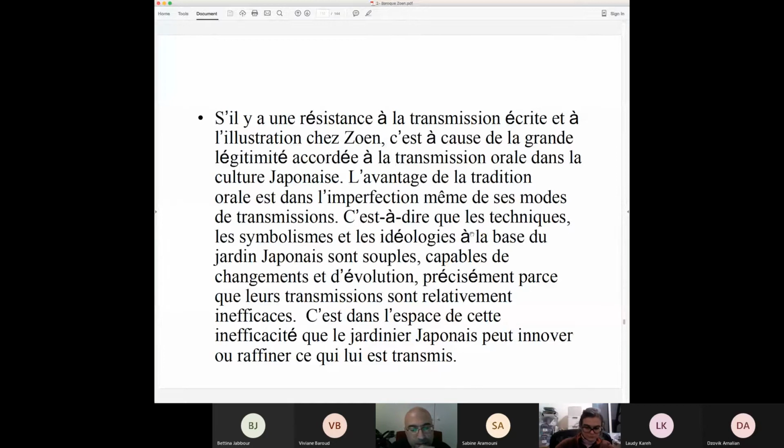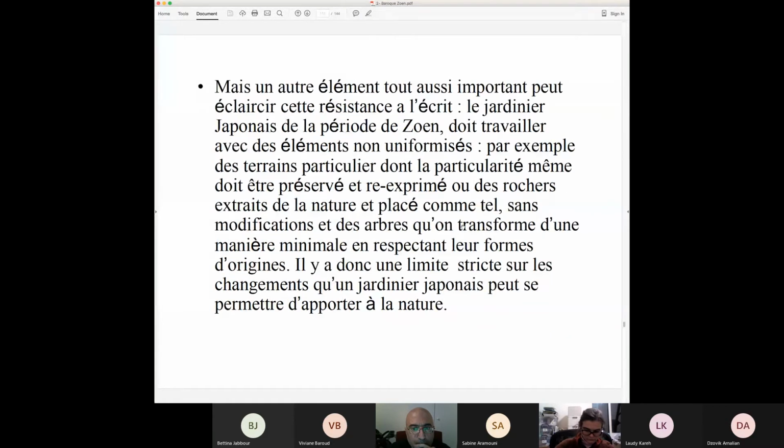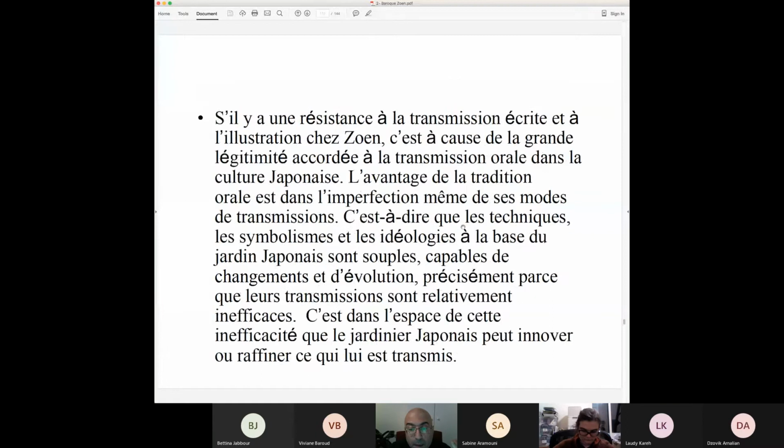And it's in that space that innovations and refinements are produced. Another element that explains the need for this imperfect transmission, the need for orality.